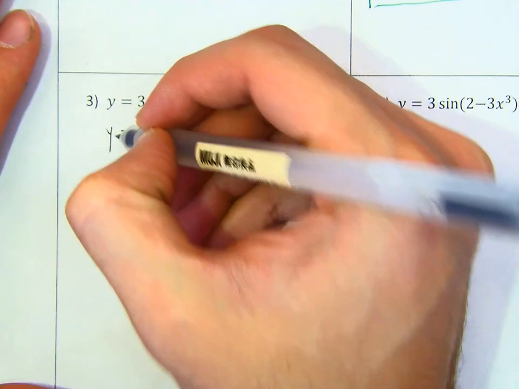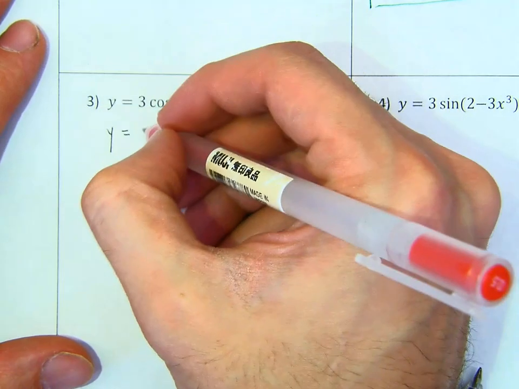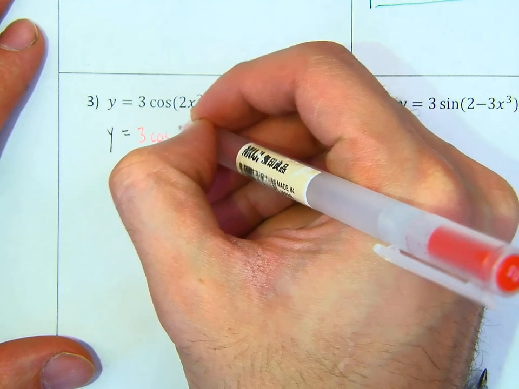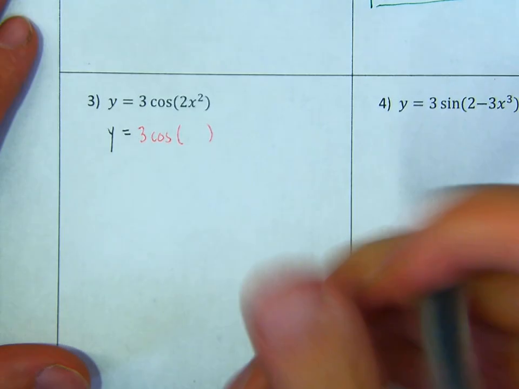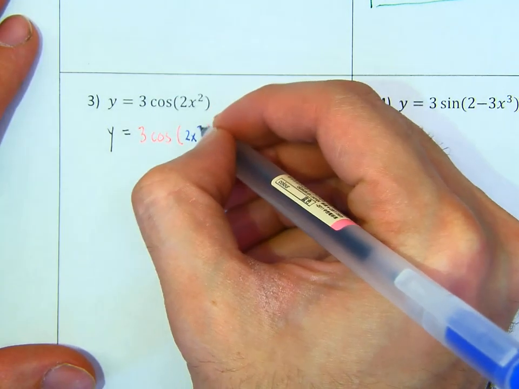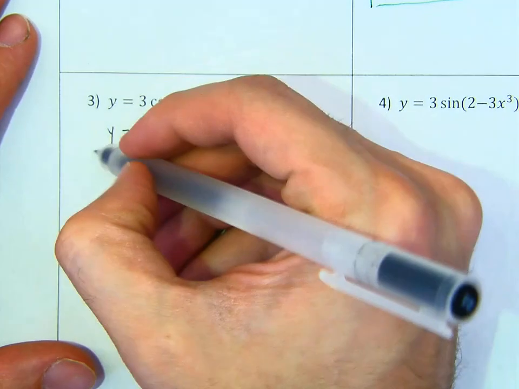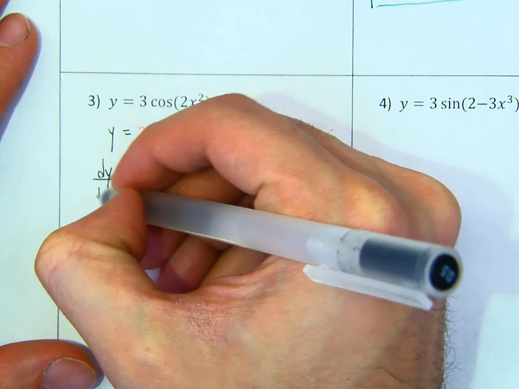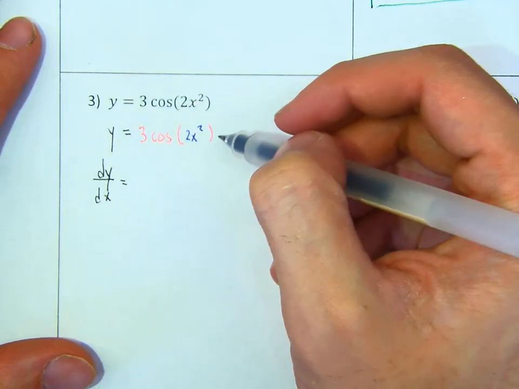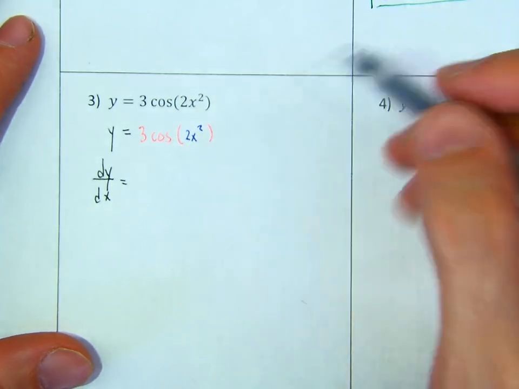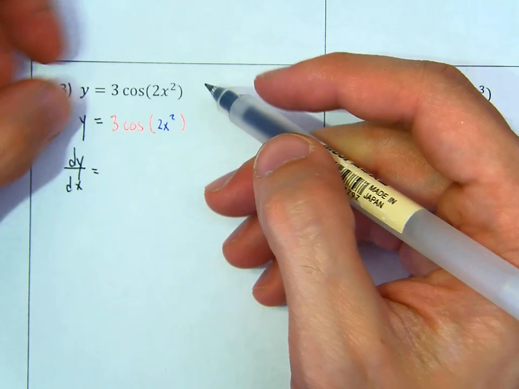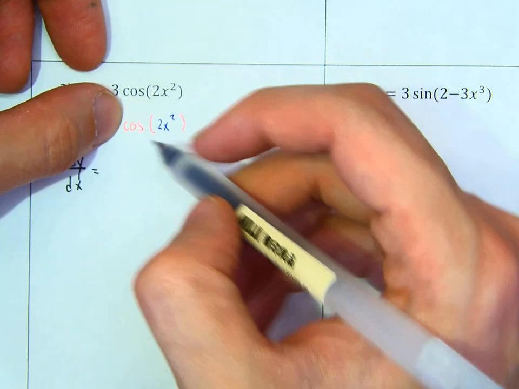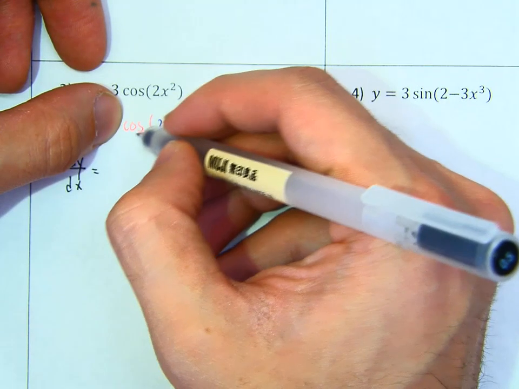So y equals 3 cosine of (2x squared). That's the inside. Okay, dy dx. What's the derivative? Remember, you don't look at the 3 just yet. You just hear what's the derivative of cosine?